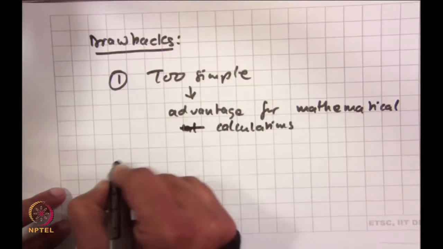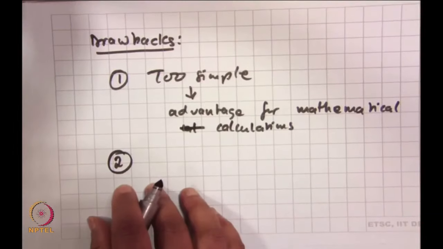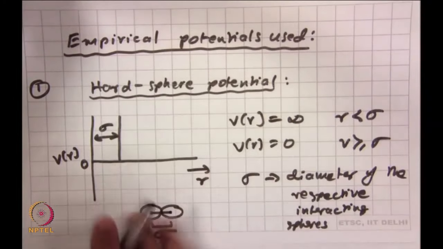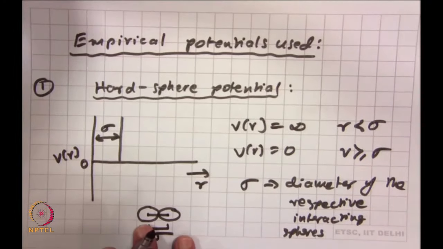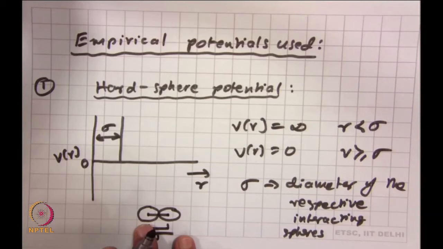And number 2, think about this: when we talked about the empirical potentials used, your potential is not only repulsive, it also has to have some attractive potential, otherwise they will never come together.